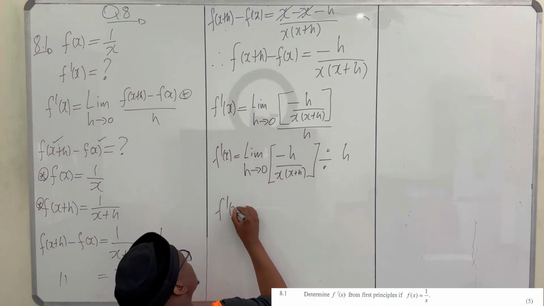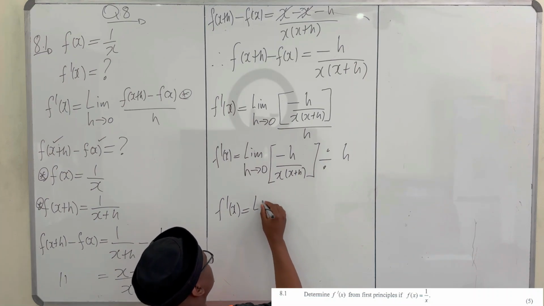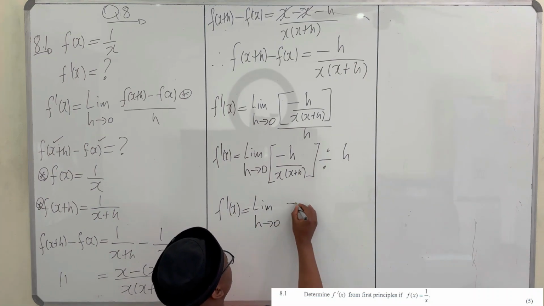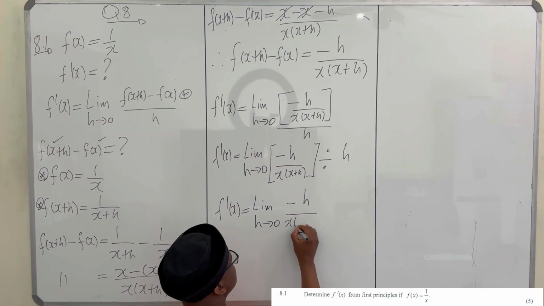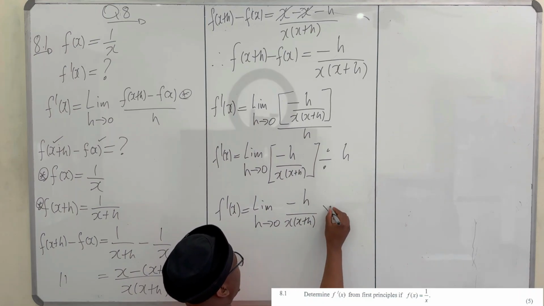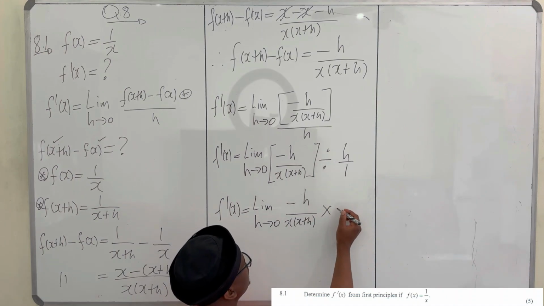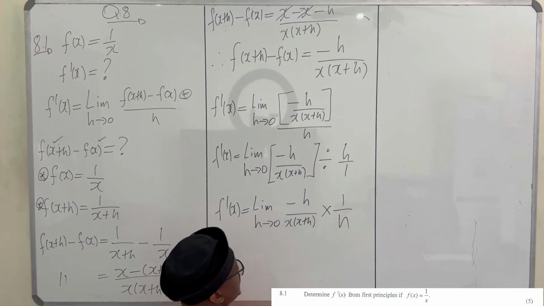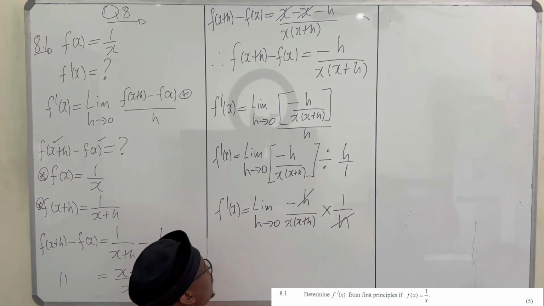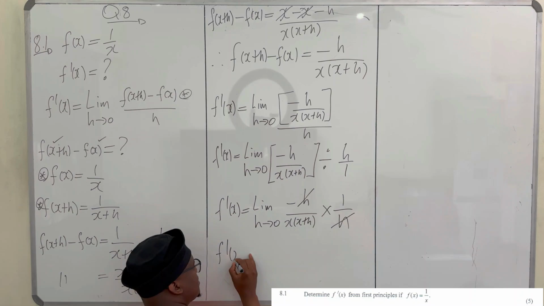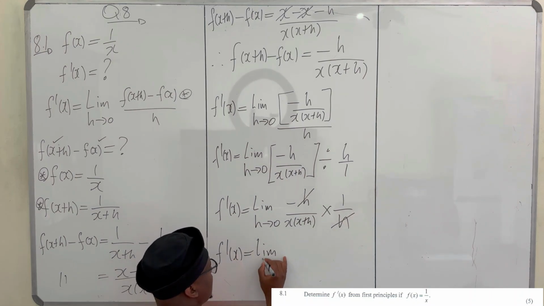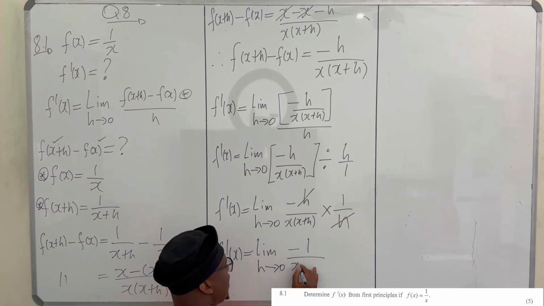If you change this to a multiplication sign, it's equivalent to times 1 over h. So this h and that h go away. So you're left with f prime at x equal to the limit as h goes to 0 of negative 1 over x into x plus h.